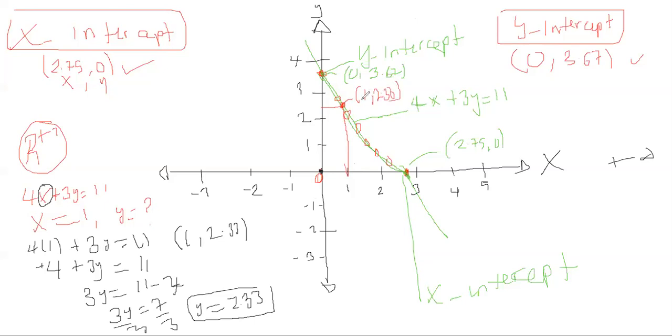If you take this point, 1 as x and 2.33 as y, and substitute it here, it will give you 11 to prove it. So what we are trying to say is that for a solution to a linear equation, any point that lies on this graph or this line is a solution to this linear equation. In other words, we can have many solutions to linear equations.